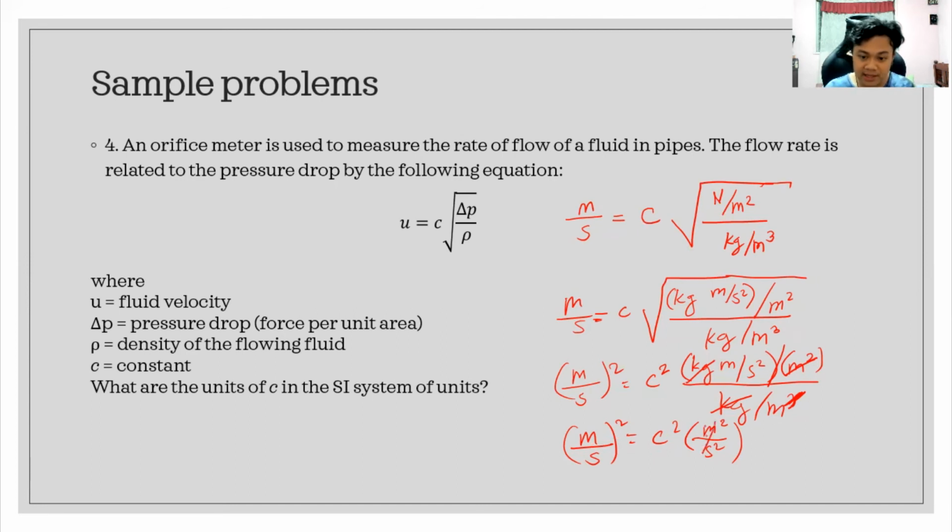So you can cancel this on both sides, and then we'll be left with 1, right? So meaning c is unitless, because there is no unit left in our calculation. So c is unitless. All right.